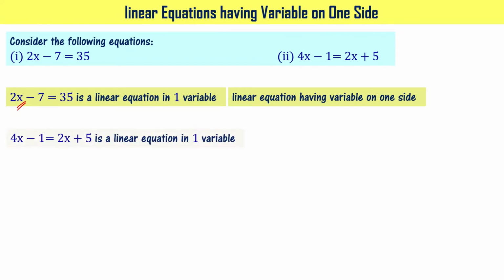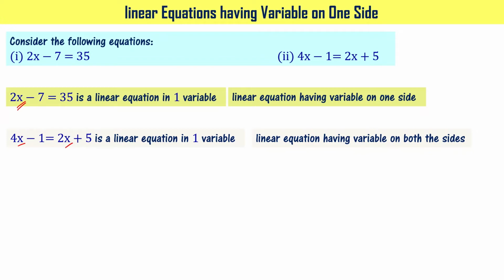If you consider the second equation, that is 4x minus 1 equal to 2x plus 5, it is also a linear equation in one variable. But the variable x is on both the sides of the equation, right? This is a linear equation having variable on both the sides.